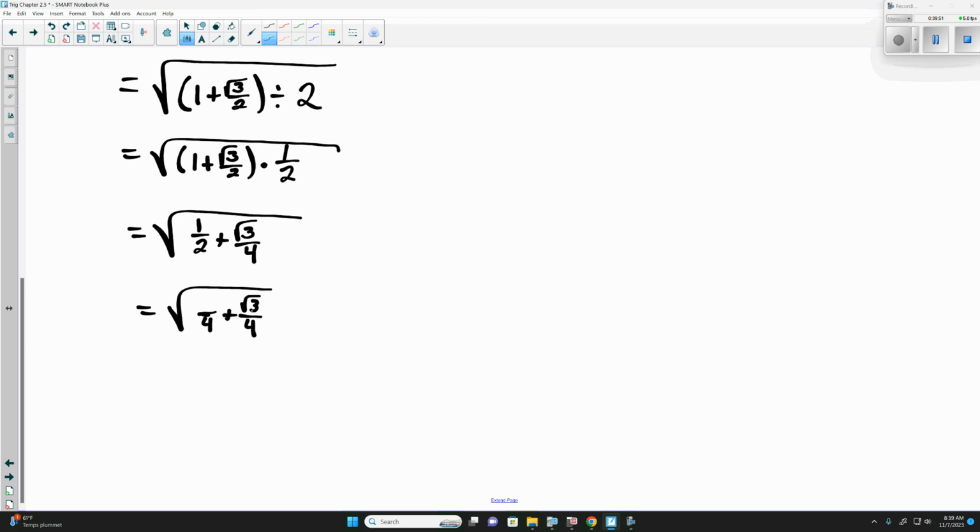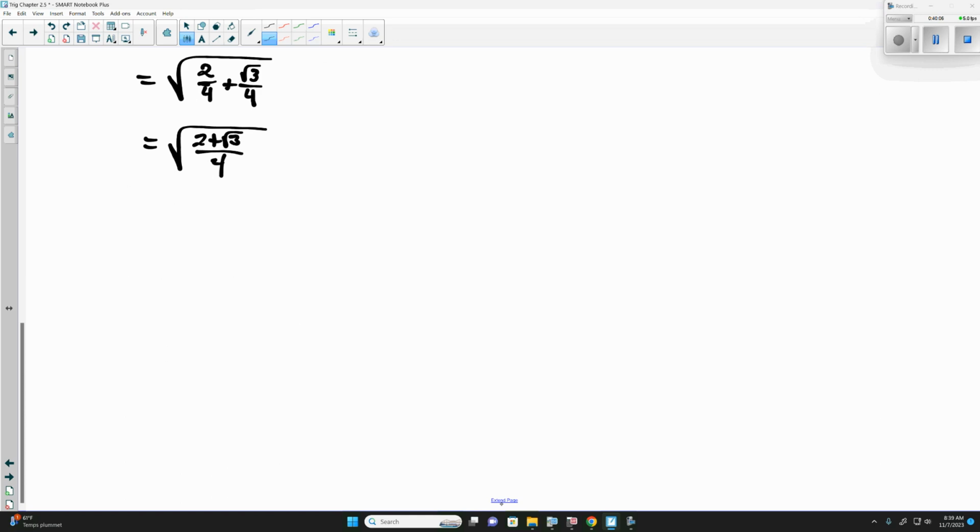And to turn 1/2 into fourths, it would be 2/4. So we have 2 plus the square root of 3 over 4. So we've gotten one of the issues fixed, because now we don't have a fraction in a radical. We just have a fraction in a radical.